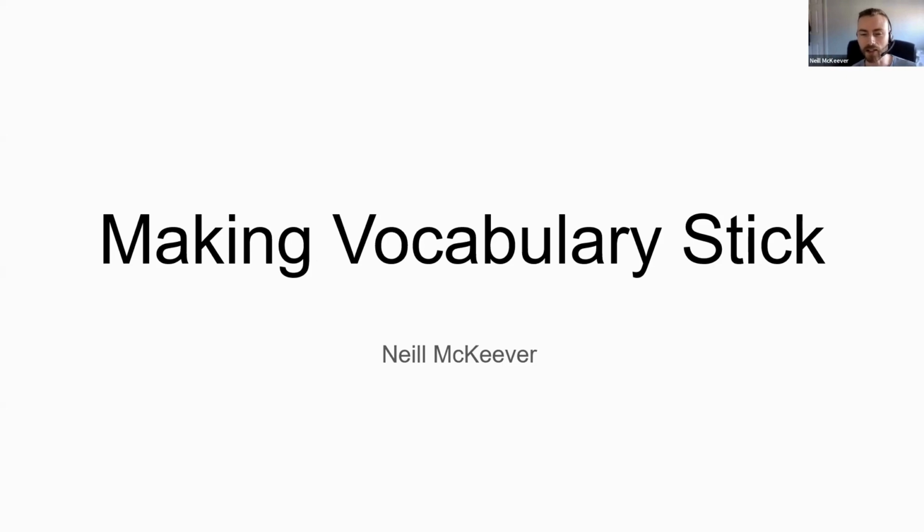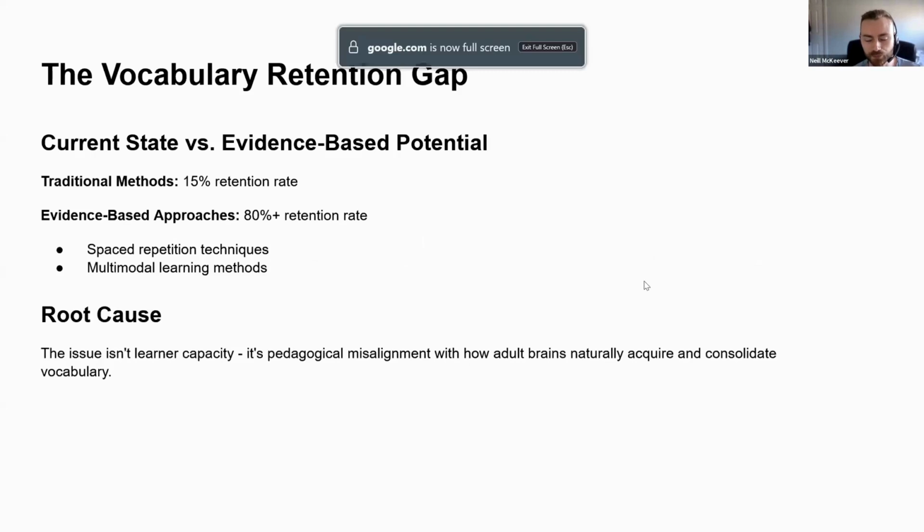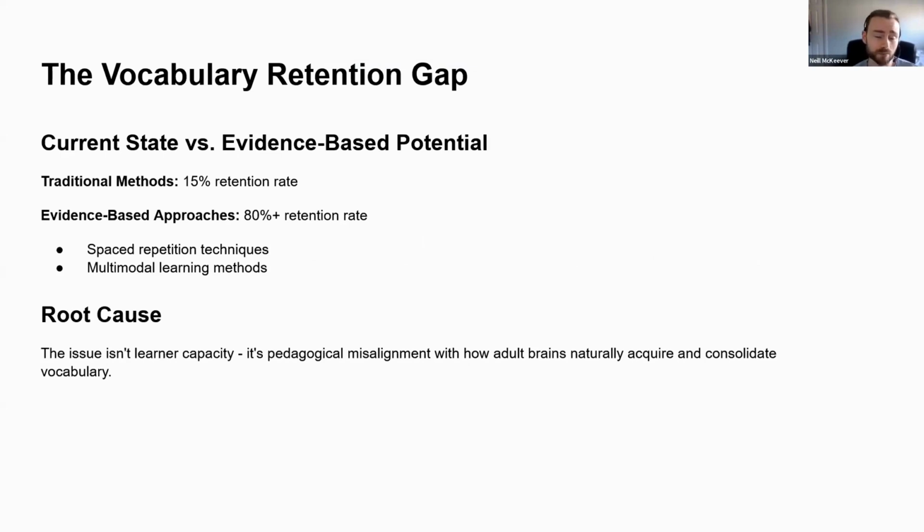Let's begin. And I'm going to talk a bit about the research and the science of it all. Okay, so let's start with vocabulary and its retention. So basically, the research shows that traditional vocabulary instruction only achieves about a 15% retention rate, which is, I'm sure you can agree, very low.